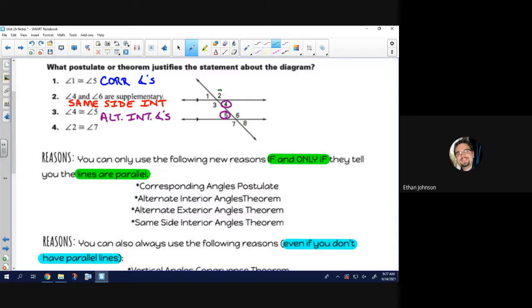The last one said 2 and 7. 2 and 7 are both outside of our parallel lines, but different sides of that transversal. So this is our alternate exterior angles.